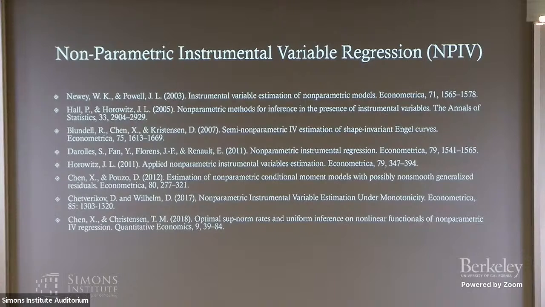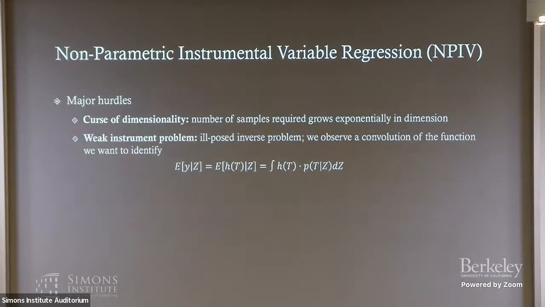But what was sort of a bit concerning is that most of these approaches suffer the curse of dimensionality. So they use more classical econometric, non-parametric statistical techniques, which typically will incur an error that grows exponentially in the dimension of the space of treatments and instruments.